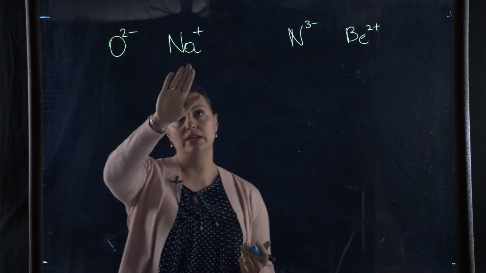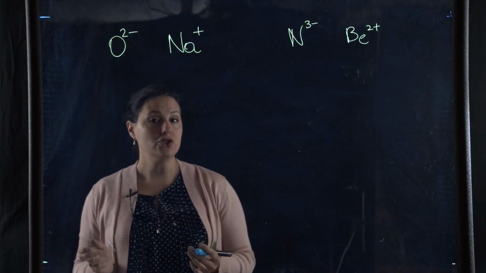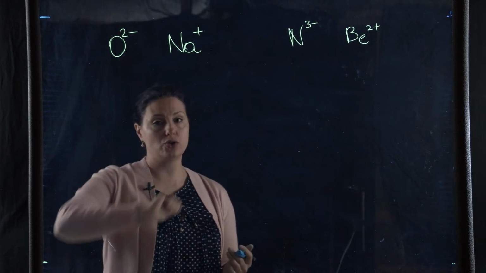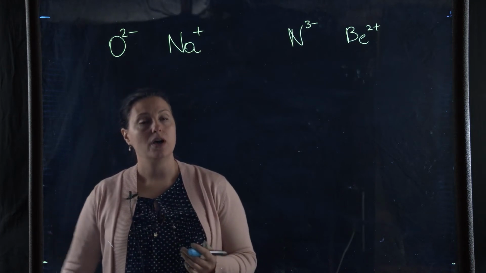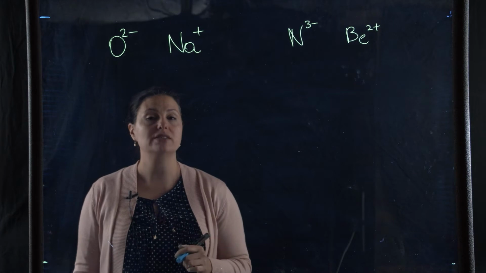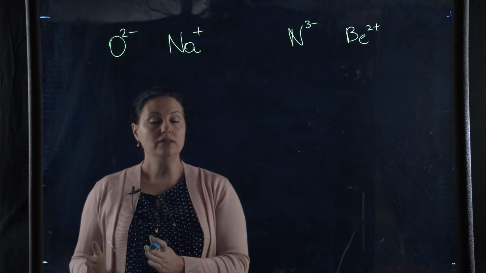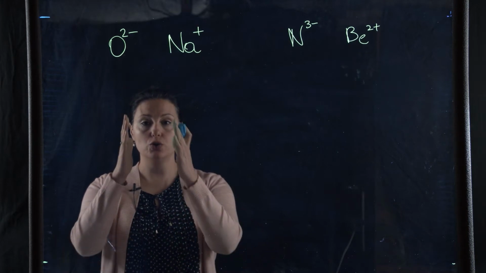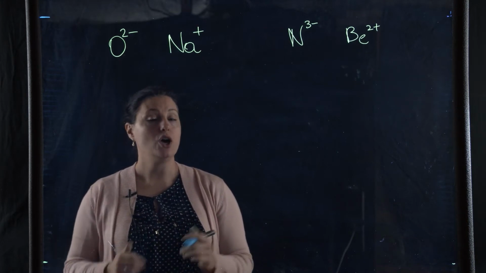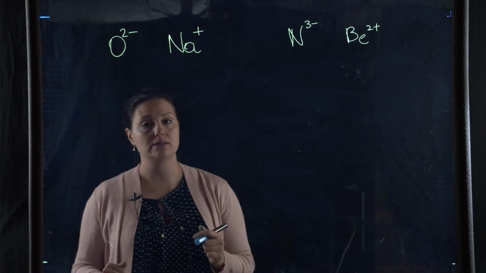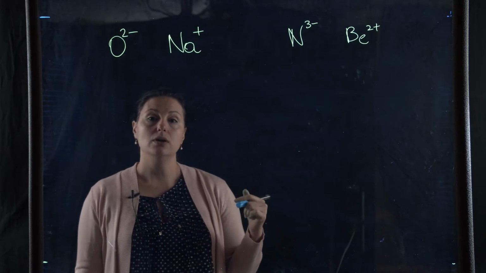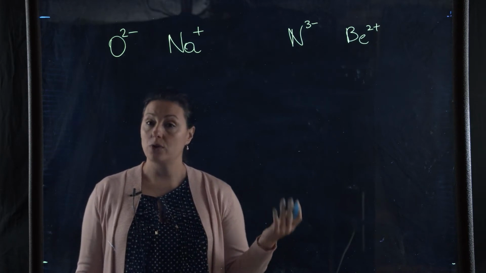I have oxygen and I have sodium. Now we mentioned in lecture that sodium is group 1, and therefore all group 1 ions will always form a +1 ion. Group 2 forms a 2+ ion, group 3 forms a 3+. When we get to group 5, they form a -3.